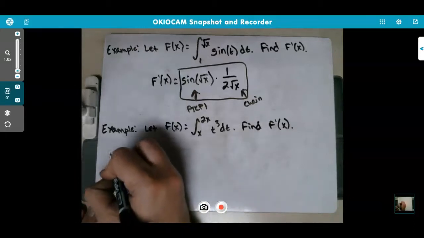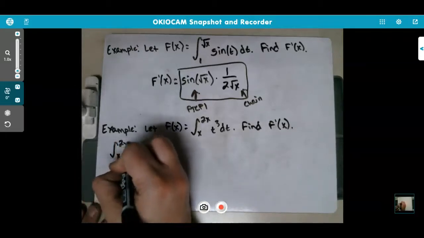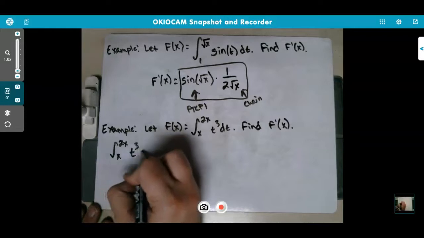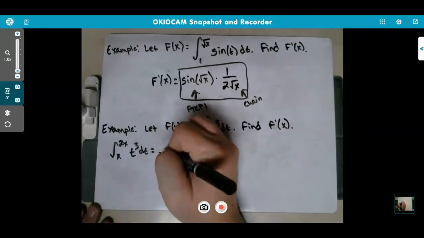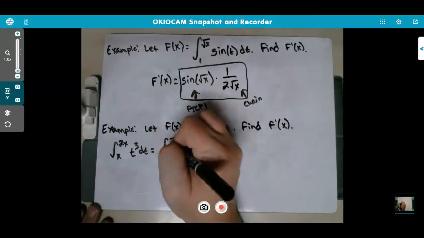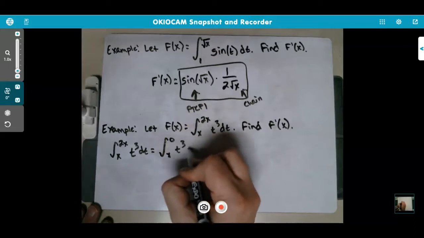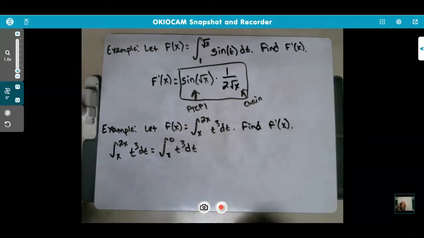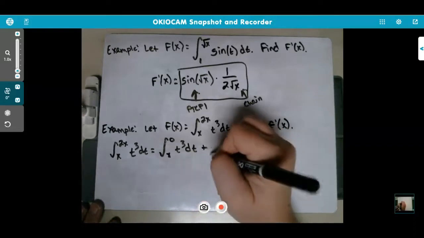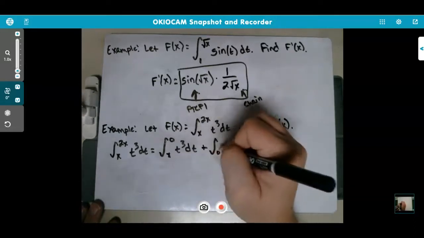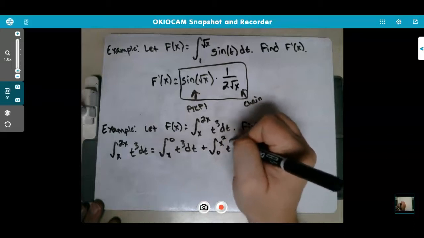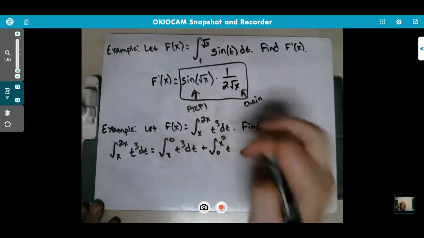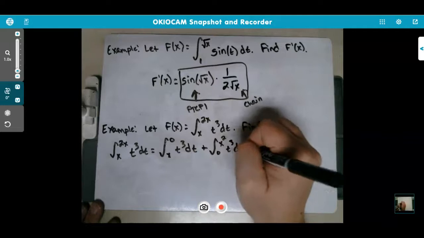So if I wanted to split this up, I'm just rewriting it right now. I could split it up from x to 0. Again, it does not matter what my constant is. It just has to be a constant. And then add that, go from 0 to x squared. Just like that.